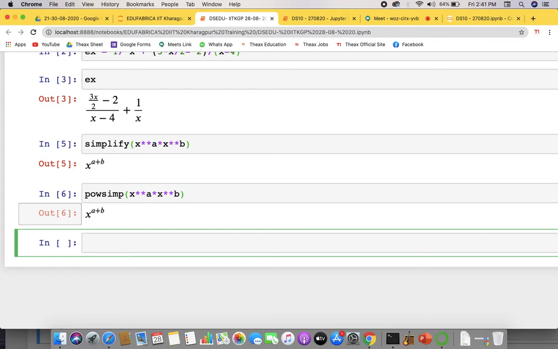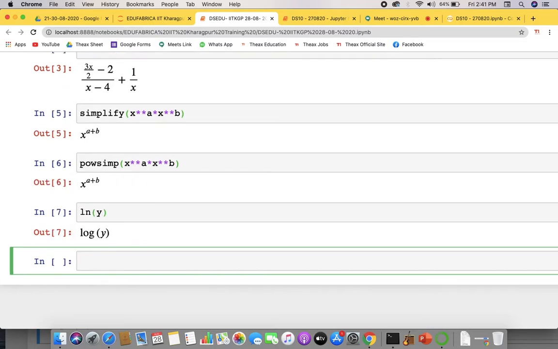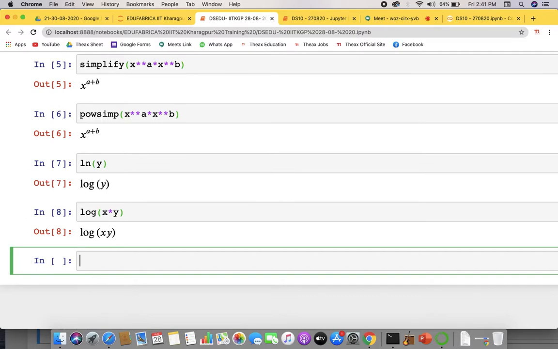And yesterday we haven't discussed the logarithmic things. So ln of something, let's say y is the log of something. If it has been given to expand, what is the formula of log of x multiplied by y? What is the formula of log xy?